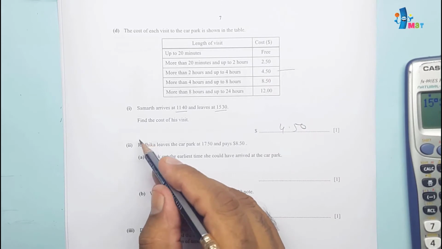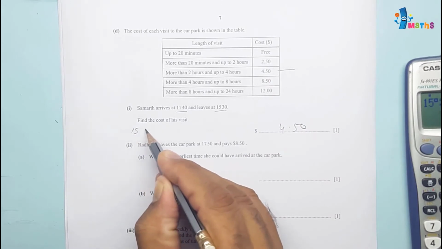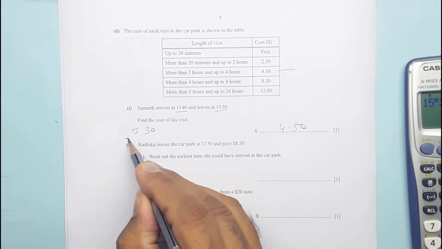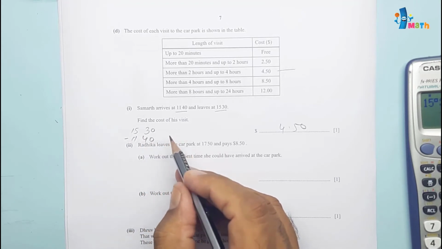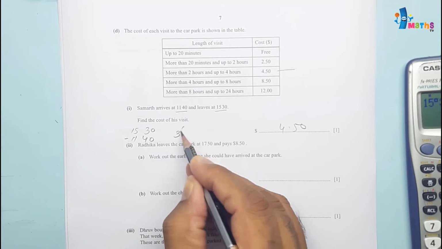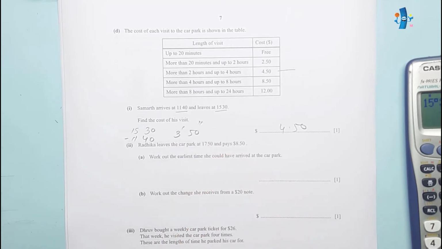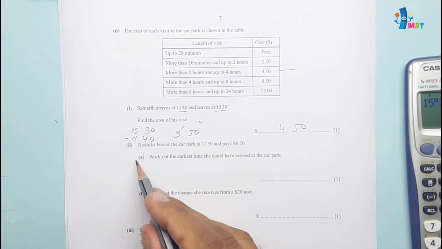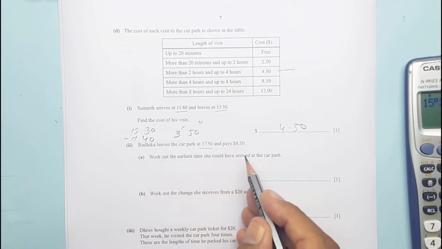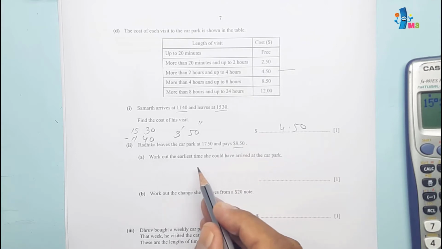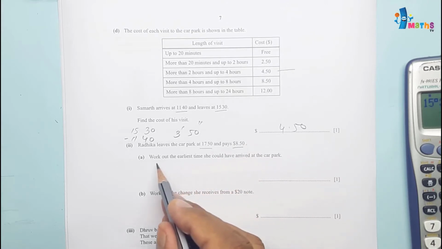$4.50. We can even mention 15:30 minus 11:40, and the answer will be 3 hours and 50 minutes. So part B: Radhika leaves the car park at 17:50 and she paid $8.50.